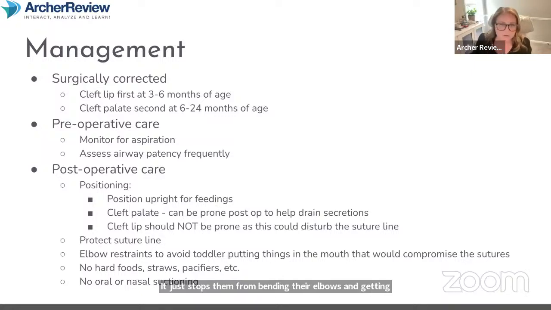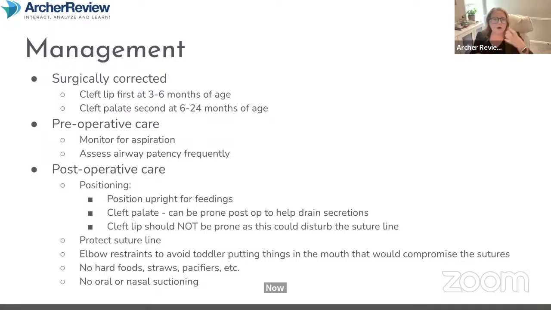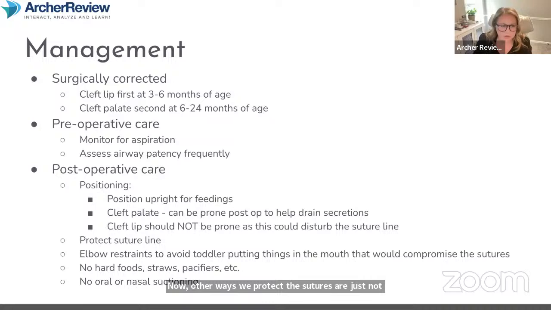So you don't need an order for these. These are very common in kids, and it's really helpful after a surgery like this so we can protect those sutures. Now, other ways we protect the sutures are just not letting anything hard or sharp into their mouth. So straws, pacifiers, oral suction, keep it away. We just want to keep those sutures safe.